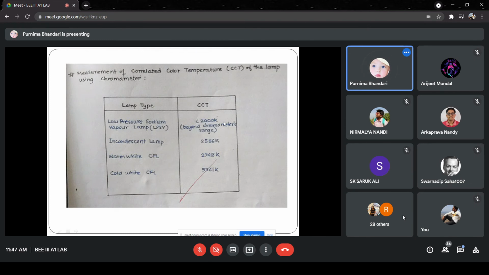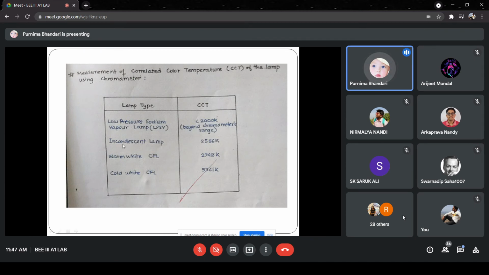For SOX it will be around 1800 Kelvin. That's why they have written it less than 2000 K, beyond the chromometer's range.